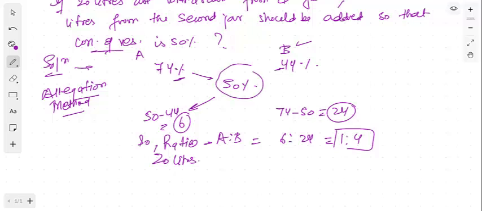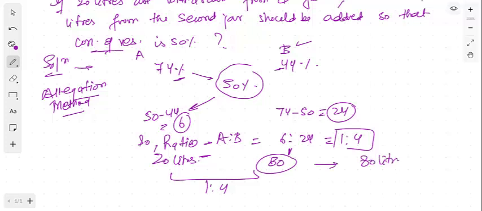We need one value here which, combined with these, forms the ratio 1 is to 4. Obviously 20 is to 80 gives 1 is to 4. So your answer is that 80 liters must be added to keep the concentration 50%.